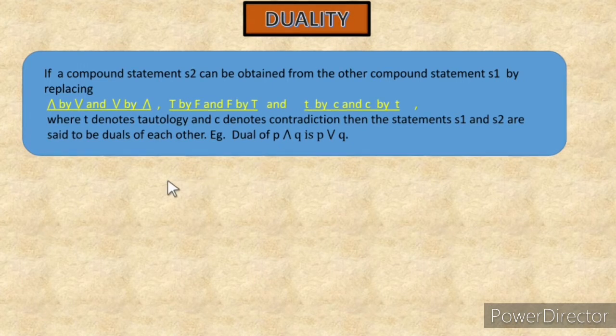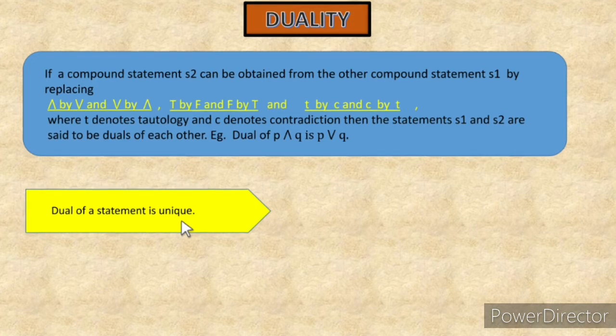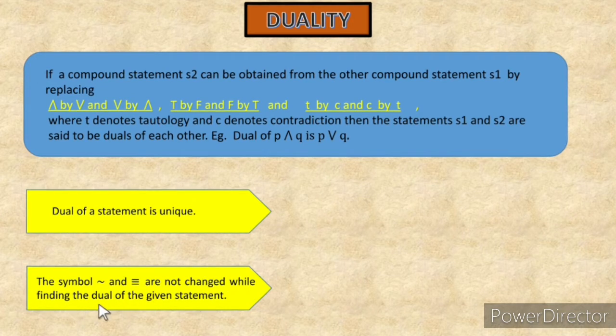Clear? Some points to be noted: first, the dual of a statement is unique. Correct? You cannot have more than one dual statement for the given statement. Then the symbols negation and equivalent are not changed while finding the dual of the given statement.